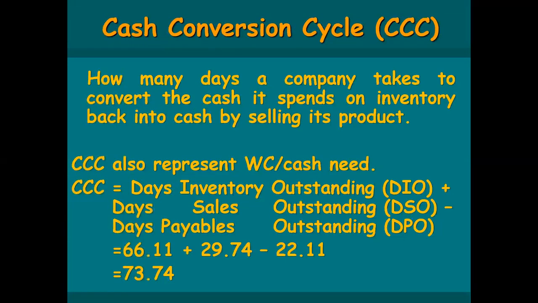Cash conversion cycle. How many days a company takes to convert the cash it spent on inventory back into cash by selling the product? It's very important. Cash conversion cycle also represents working capital or cash need.